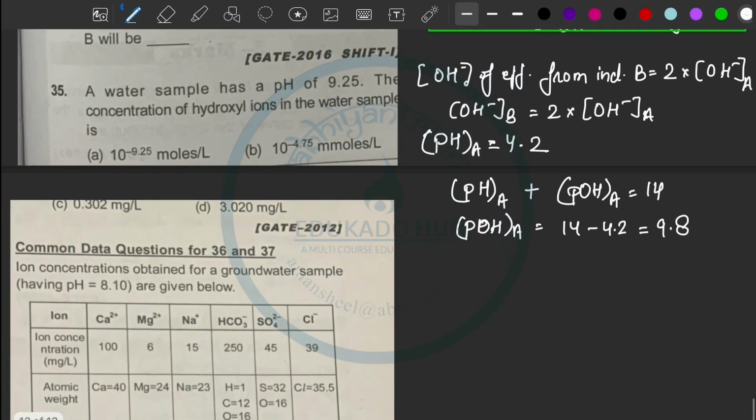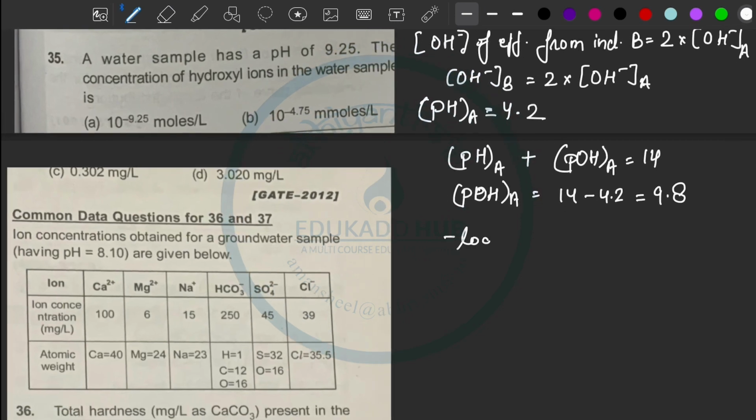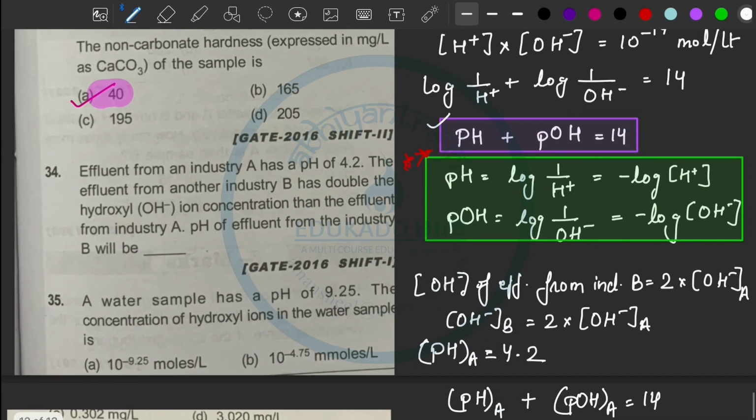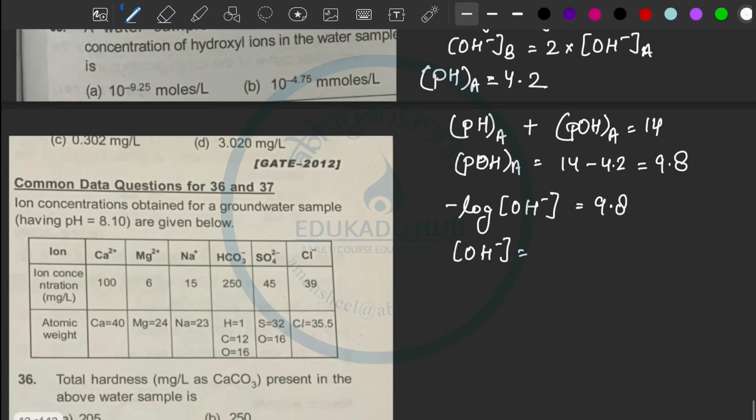Now pOH is nothing but minus log of OH ion concentration, just now we have seen this. That is nothing but 9.8. Now OH minus concentration, we can take antilog on both sides, so it is equal to 1.5898 into 10 to the power minus 10 mole per liter.